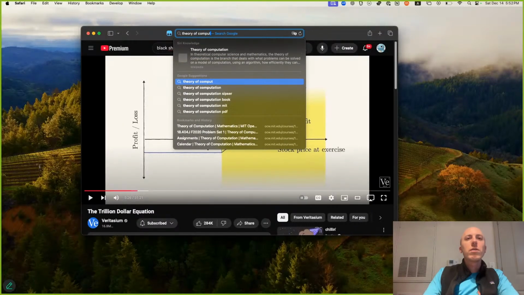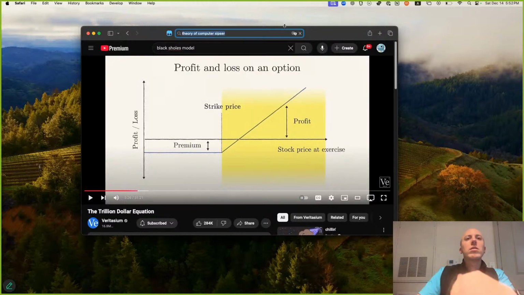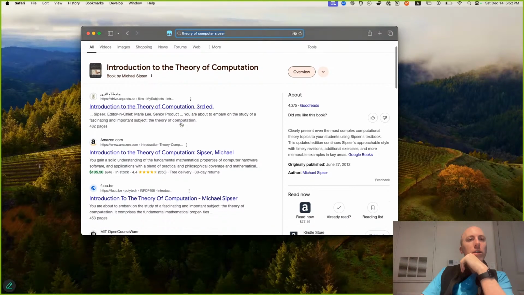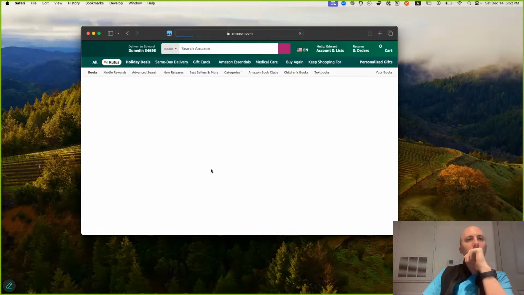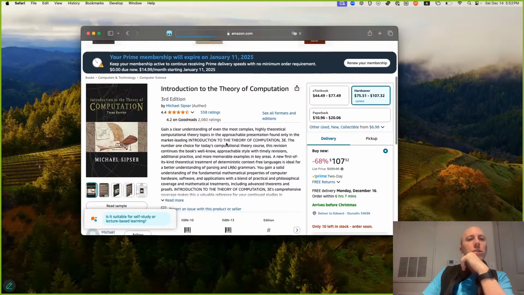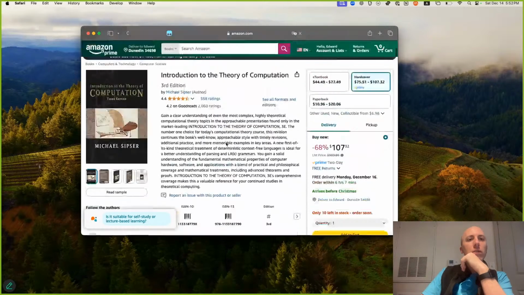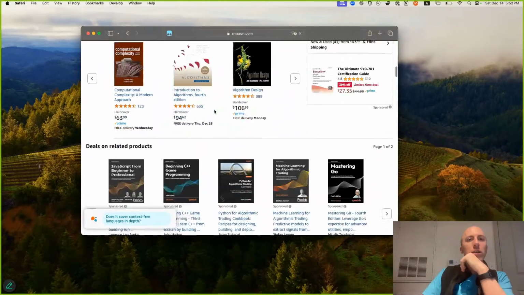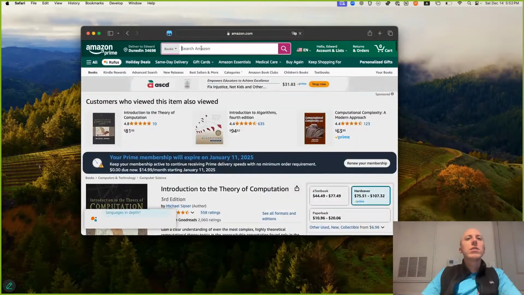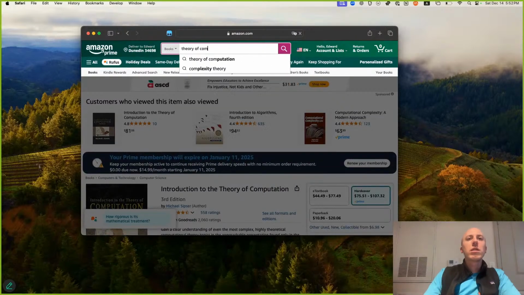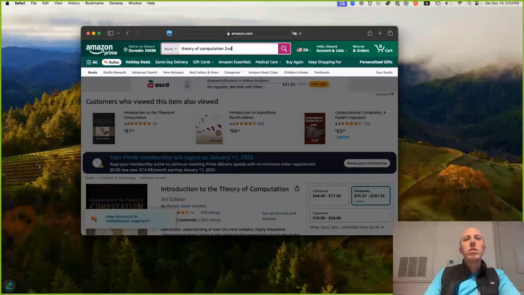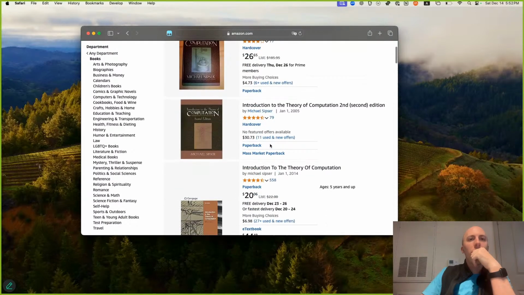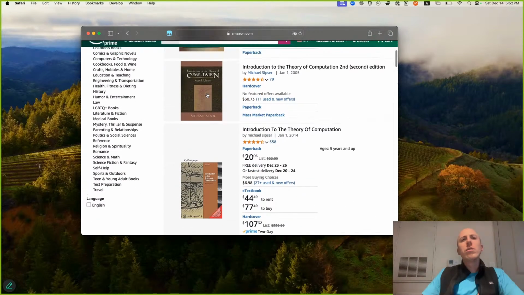Theory. It's basically this book right here. Introduction. It looked different. It's the 3rd edition. It might have been the 2nd edition or something. This looks more familiar.